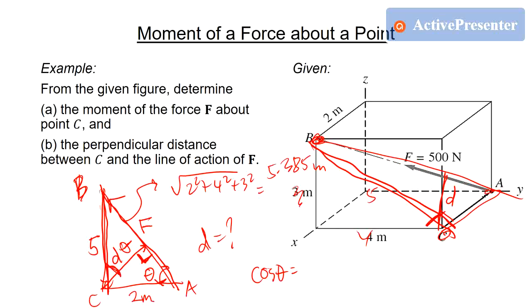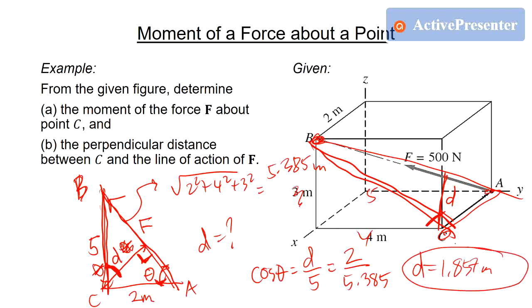This theta is also this theta, so I erase this one. So cosine of theta is D over 5. Cosine of theta also in this triangle is 2 over 5.385. So the answer for D here is 5 times 2 divided by 5.385. So you will get an answer of 1.857. So you can use this solution, so we can get D.